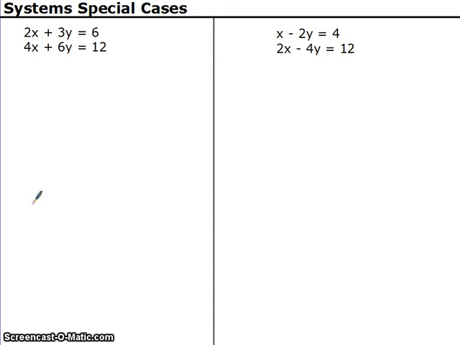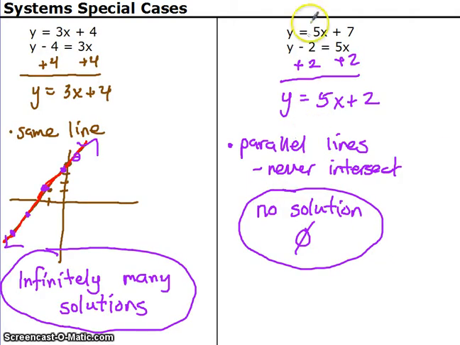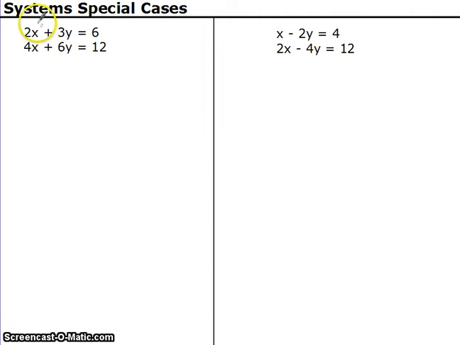All right, what do these special cases look like with the other methods? So that was kind of the graphing method. If you were to graph these, you would see that. So what does it look like if we're doing elimination? Let's say I'm doing elimination on this one. I need to multiply this by negative 2, because negative 2 times 2 is negative 4x. Negative 2 times 3 is negative 6y. And negative 2 times negative 6 is negative 12. And if we add all this together, that's going to cancel, that's going to cancel, that's going to cancel.